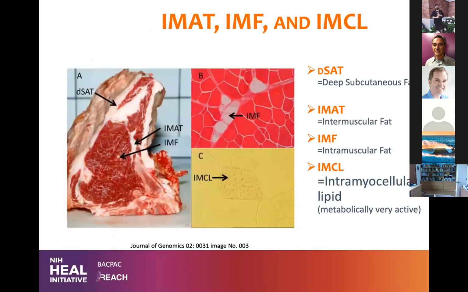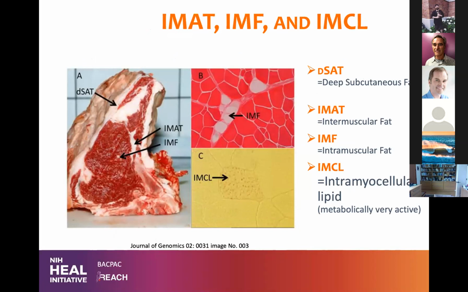What I want to do here is explain the terminology we use for the different muscle compartments using a bovine meat sample. You see here the subcutaneous fat, of course, nicely depicted. And then the intermuscular fat, so that's the fat here in between the muscle compartments. And then there is the intramuscular fat, so this is the fat within the muscle.